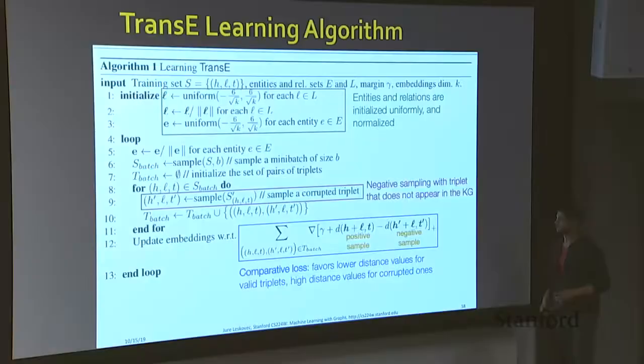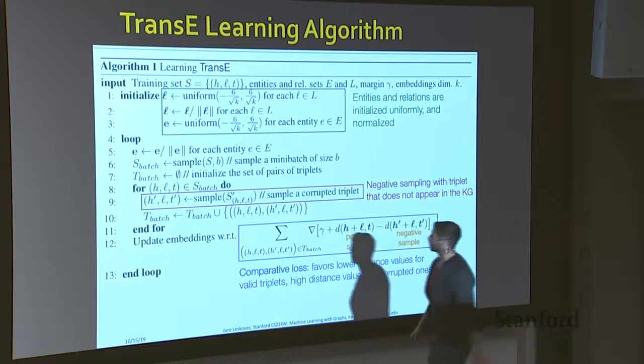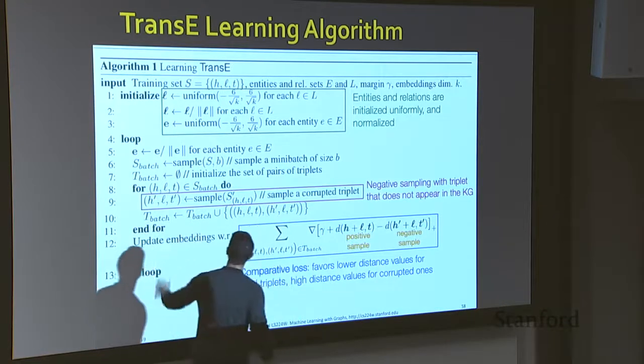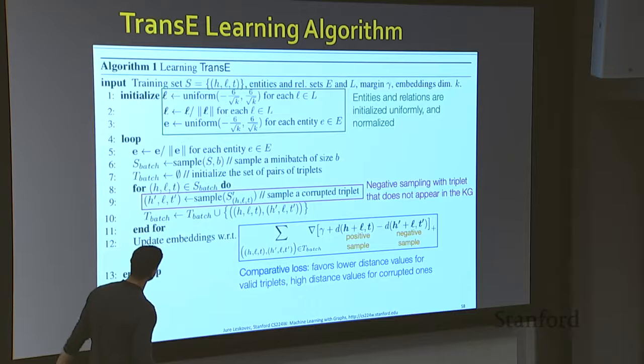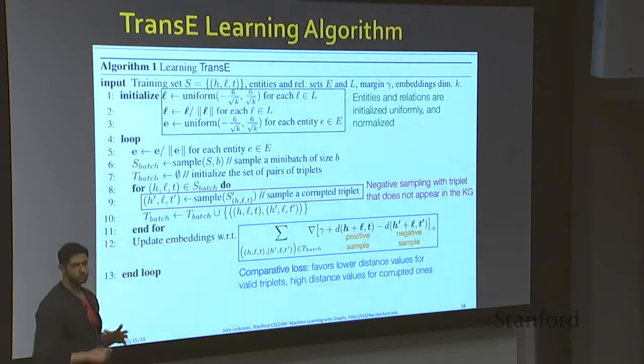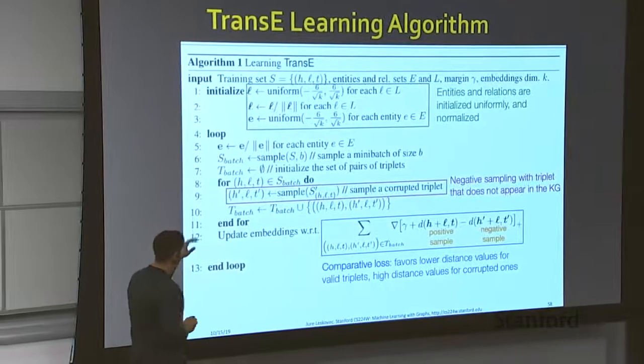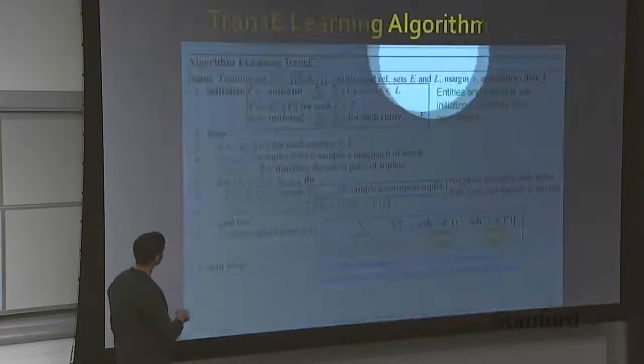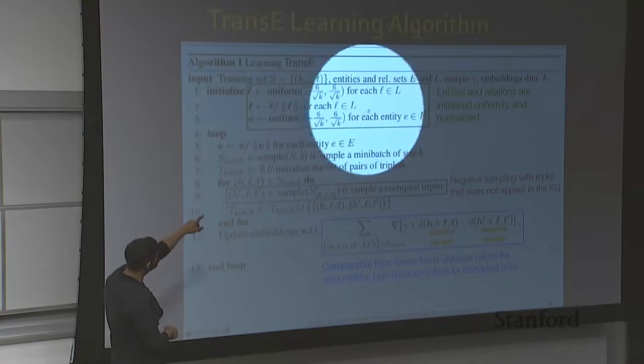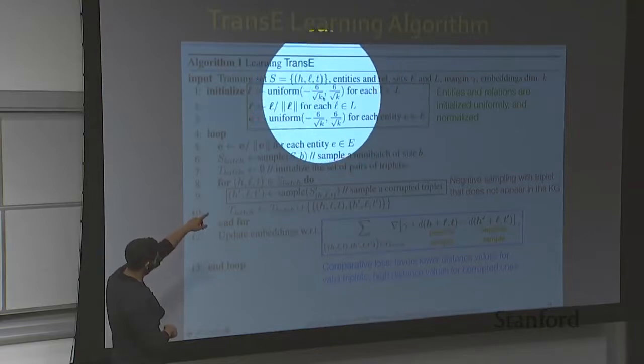So how do we do this? Let's go quickly through the steps of the algorithm. So we start from a uniform initialization. In this case, we're not even using random walks. Okay, it's an even relatively easier approach when it comes to producing the embedding vectors. These are our relations L. So we have a uniform initialization for all of them.